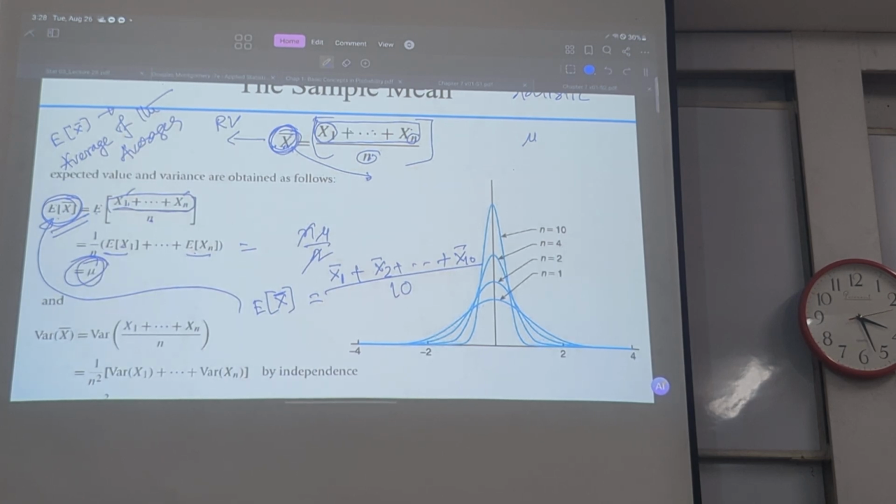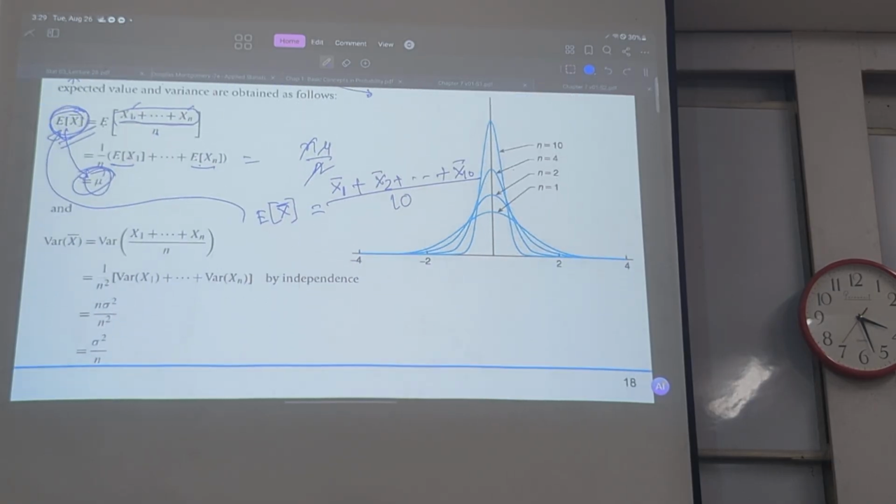If you collect a large number of samples and take the average of each sample, then in the second step take the average of the averages, it is very likely that you will get the average of the population. That's why the expected value of the sample mean turns out to be the true population mean.